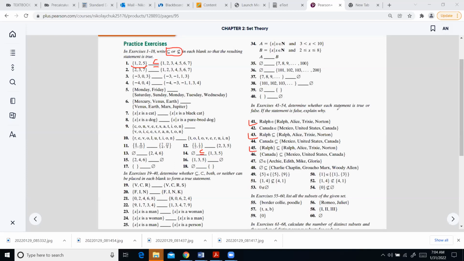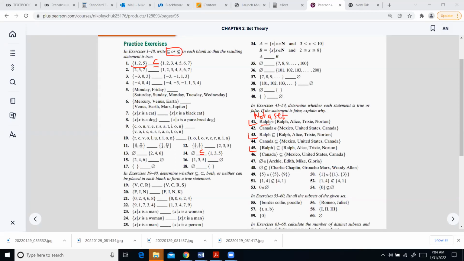Absolutely. So exercise 41 has no set in here because the Ralph does not have braces around it.